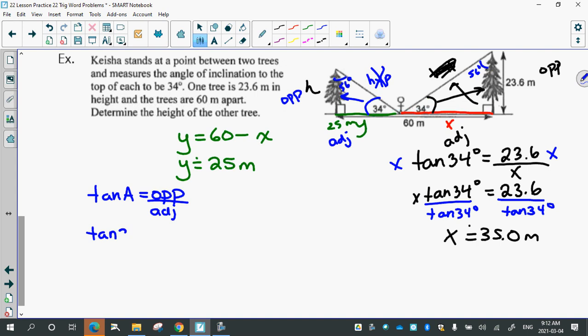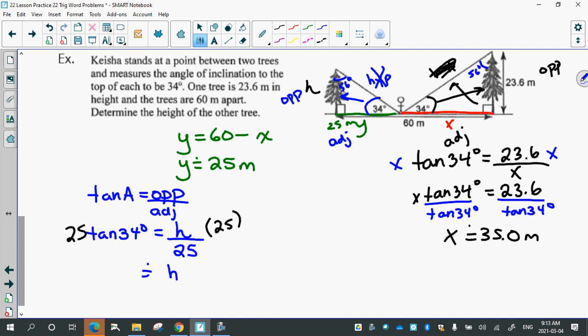Tan of 34 degrees is equal to h. I use h for height of tree because I've already used x and y, over 25. To get h by itself, I would multiply both sides by 25. 25 times the tangent of 34 degrees is 16.9.